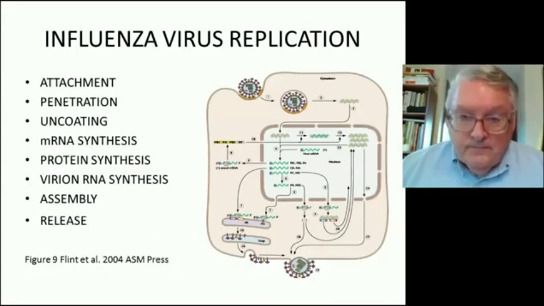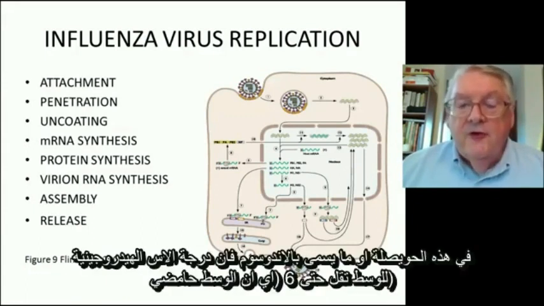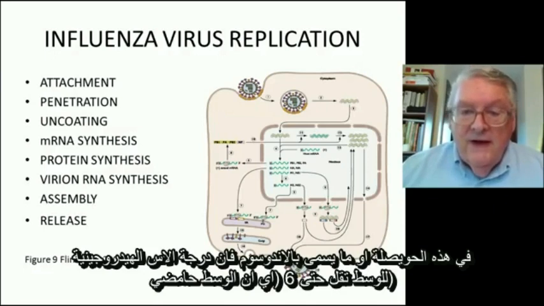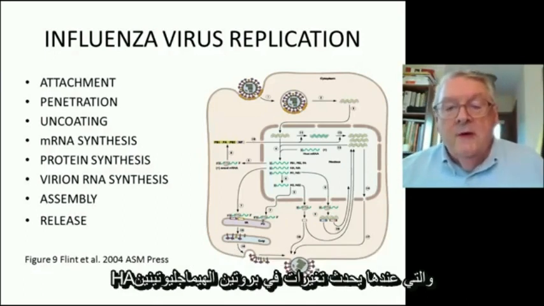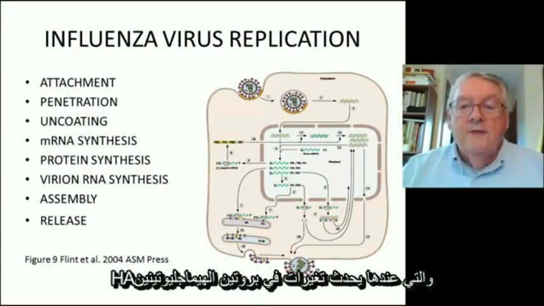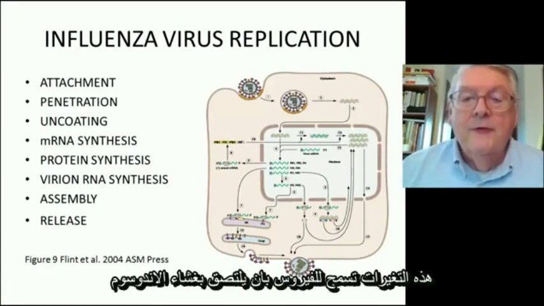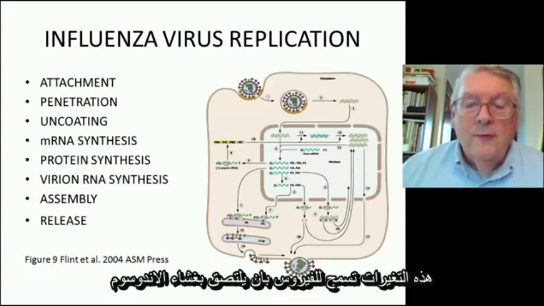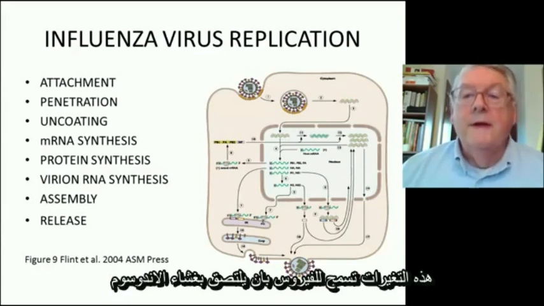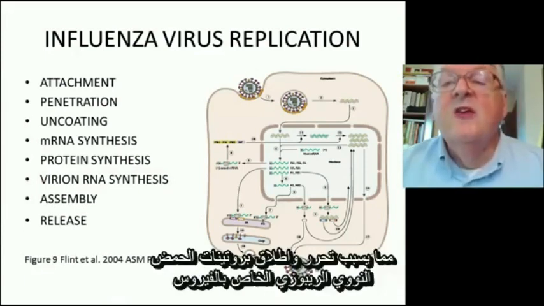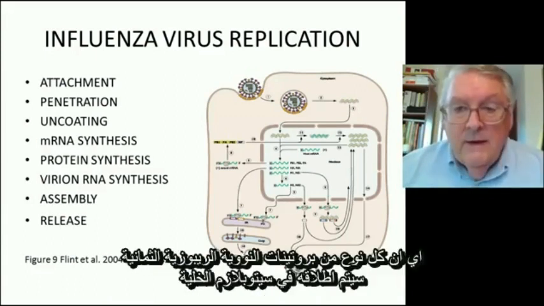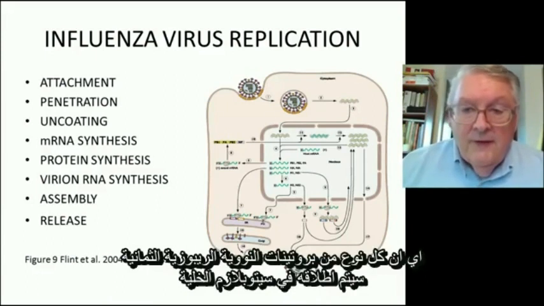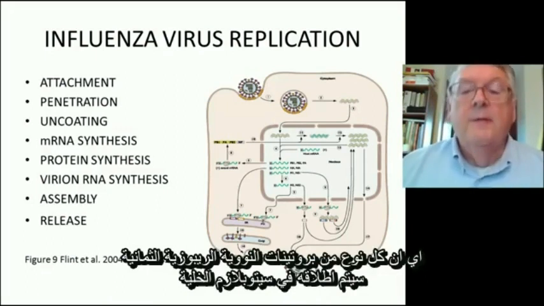In the pit, the pH of the medium inside the endosome is reduced to about 6, under which circumstances the hemagglutinin undergoes a conformational change, which allows the viral envelope to fuse with the endosomal membrane, releasing the ribonucleoproteins. So each of the 8 ribonucleoproteins in the virus would get released into the cytoplasm.